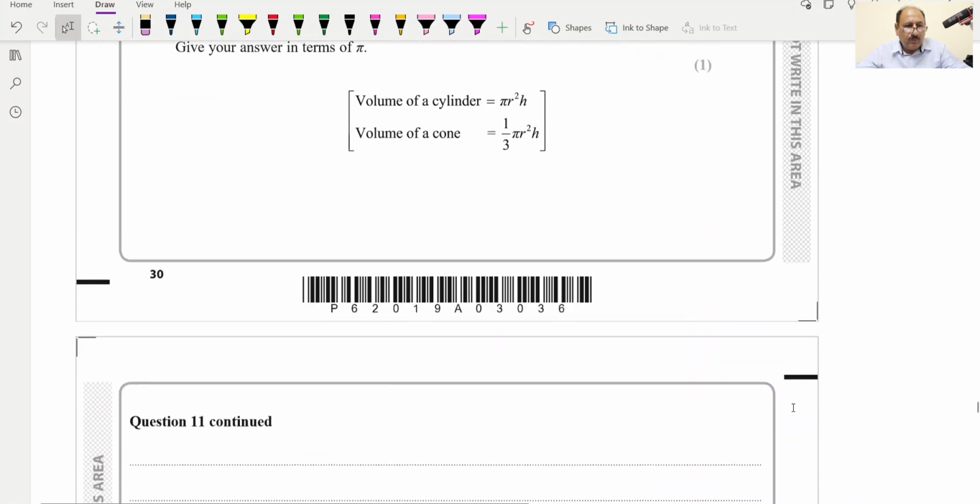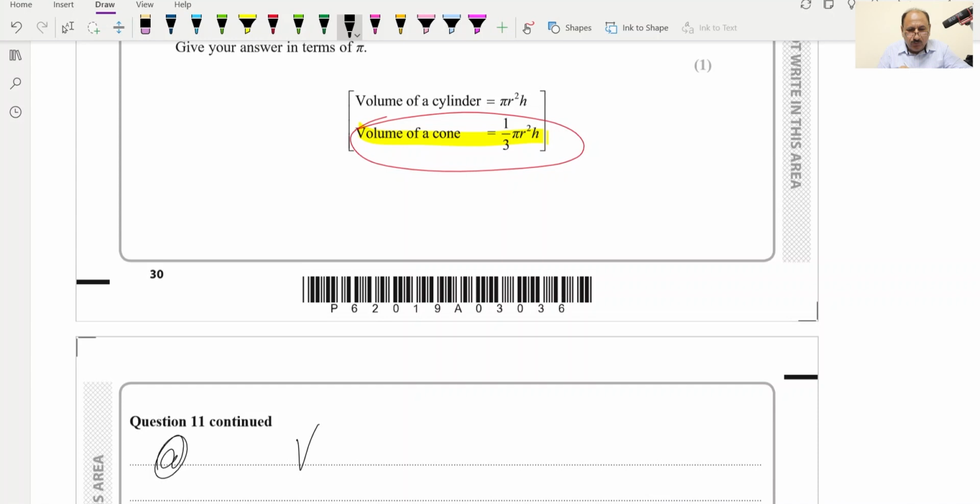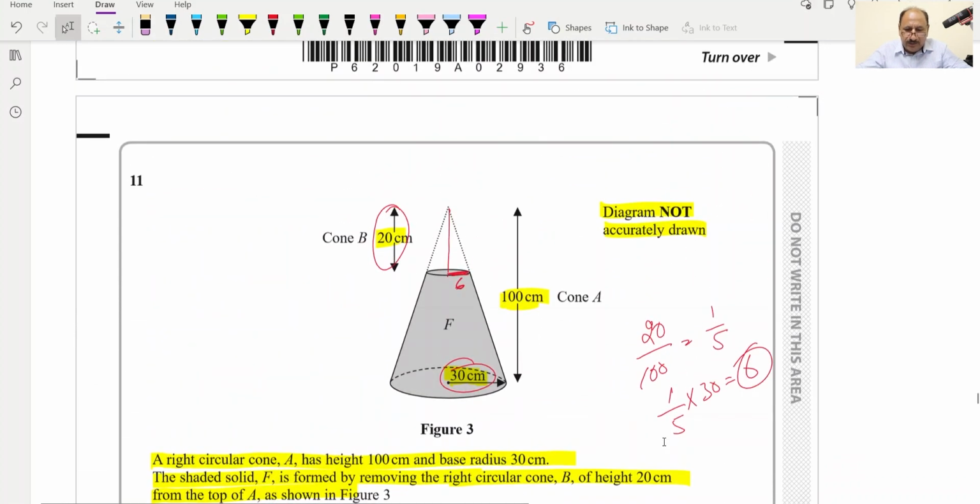The volume of a cone formula has been provided, so we will utilize it. V, the volume of a cone, is equal to 1 by 3 pi r squared h. Now we have two cones. The shaded part is the bigger cone, which has a height of 100, minus the smaller cone.